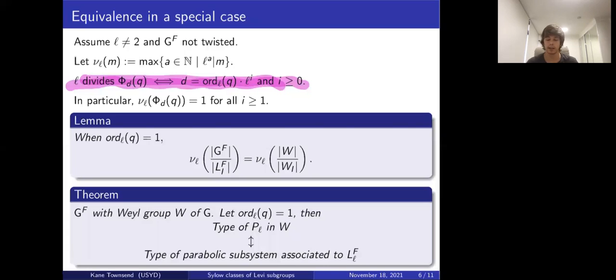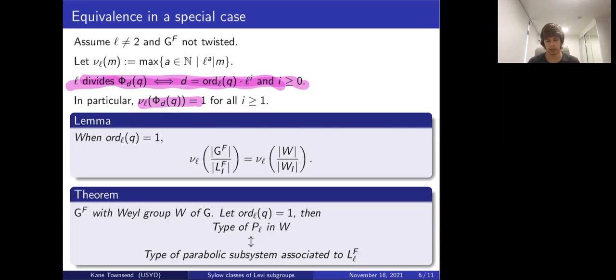Those are exactly the ones with d equal to this multiplicative order of q modulo l times some power of l. And in particular, when i is larger than or equal to 1, l only divides these cyclotomic polynomials once.